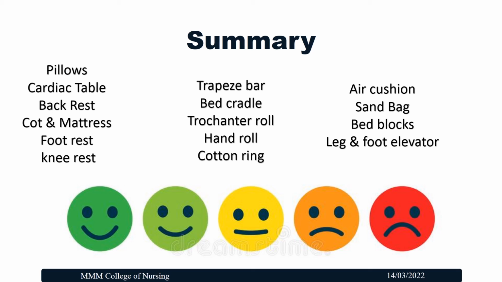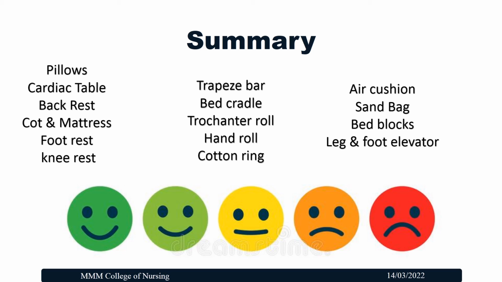In this session, we have learned about different kinds of comfort devices and their usage, like pillow, cardiac table, backrest, adjustable cot and mattress, which can be air mattress or water mattress, footrest, knee rest, trapeze bar, bed cradle, trochanter roll, hand roll, cotton ring, air cushion, sandbag, bed blocks, leg and foot elevators.